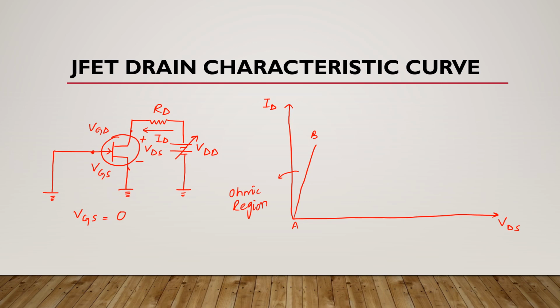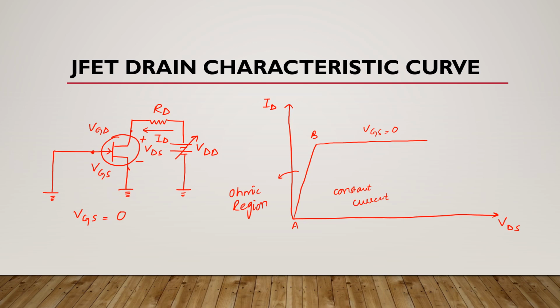Now after this point B, this ID becomes constant and levels off. It means at this point VGS is 0, and here current is constant.